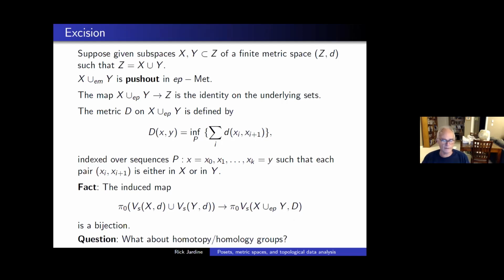Well, it's a collection of polygonal paths in this cut product here, but they each break up into polygonal paths which are in either X or Y, because they're simplices which are in either X or Y. And what that tells you is that the induced map on path components of the union of the Vietoris-Rips complexes corresponding to X and Y to the path components of this Vietoris-Rips complex corresponding to this EP metric space. That's an isomorphism. That's an excision result in the classical algebraic topological sense.